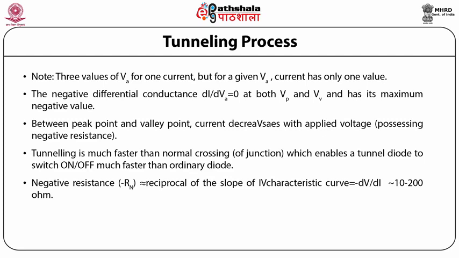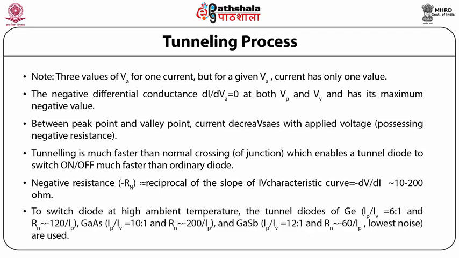Let us say, for example, that for silicon I_P by I_V is 3 to 1 and R_n is approximately minus 200 by I_P. To switch the diode at high ambient temperature, tunnel diodes of germanium are used, where I_P by I_V is 6 to 1 and R_n is minus 120 by I_P.